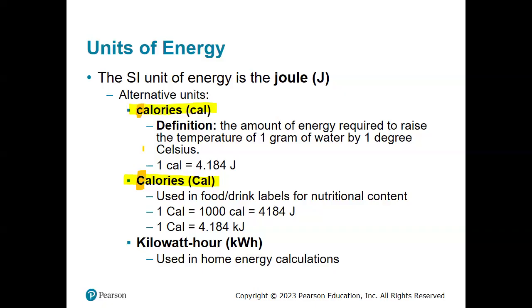Now, the reason we use capital C calories for this purpose is because each capital C calorie is actually a kilocalorie, 1,000 of those lowercase c calories. And what we'll see is the reason we do this, we're going to do a conversion calculation here in a minute. If we don't use kilocalories for that particular circumstance, the numbers get very big very quickly.